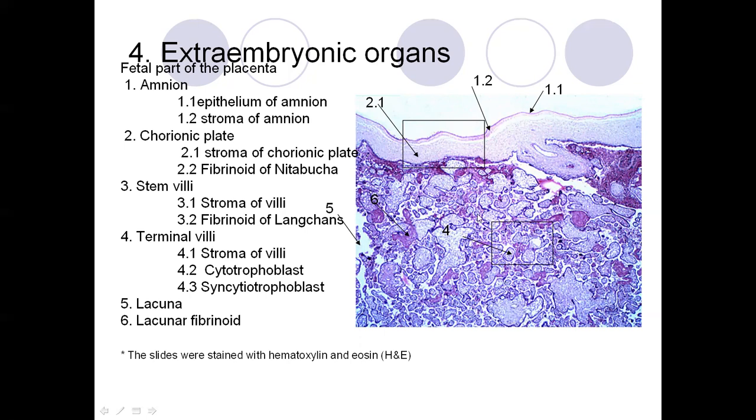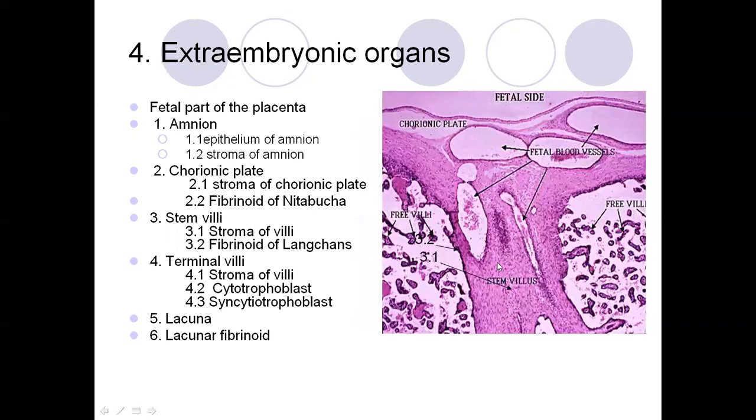And you can see the red color. This is maternal blood. Maternal blood flows around all villi. It flows in the lacuna. This is the fetal side and this is the maternal side: amnion epithelium and connective tissue.